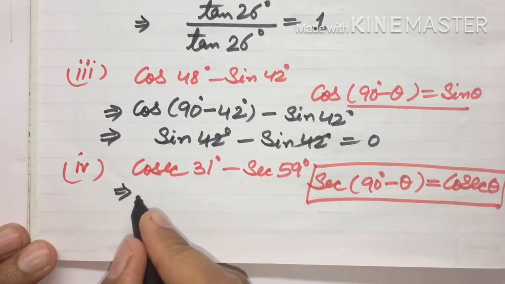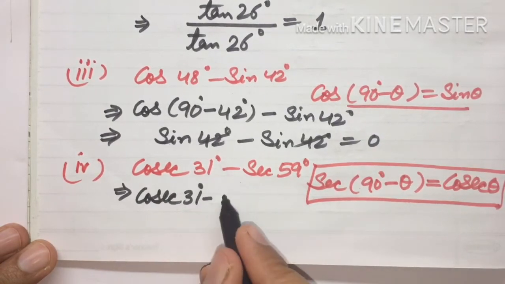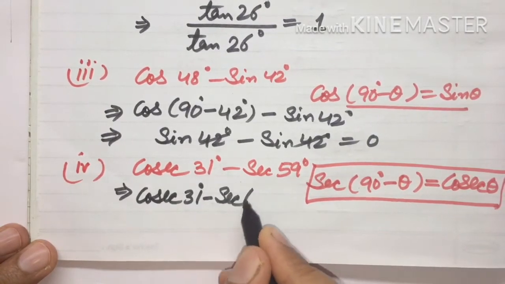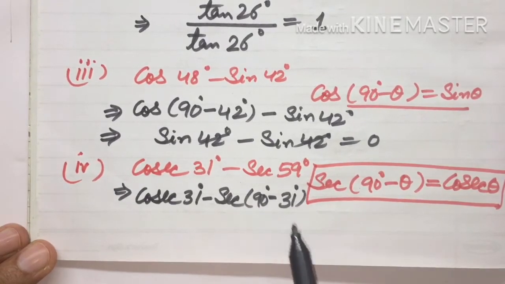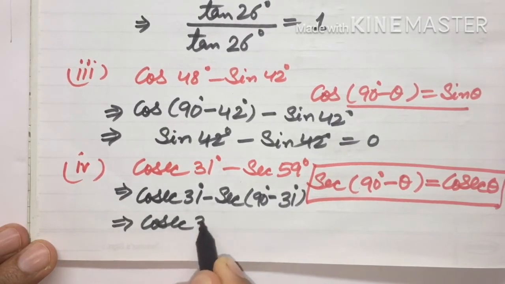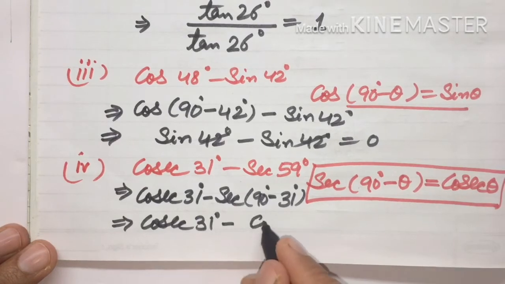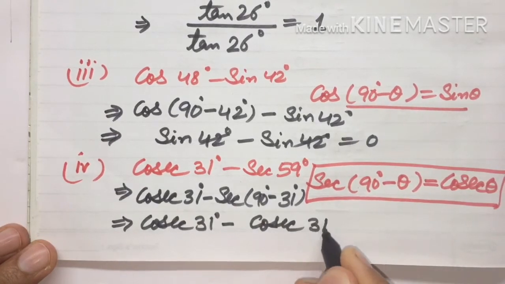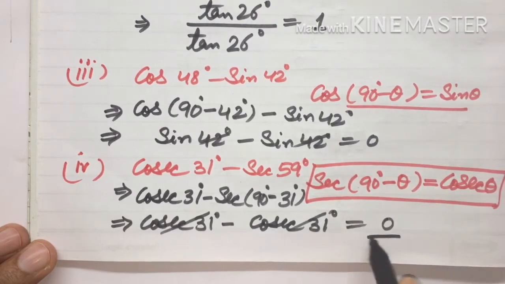So it will be cosec 31 degree minus sec(90 degree minus 31 degree), because when we subtract 31 from 90 degree, we get 59. So it will be cosec 31 degree minus this sec will change into cosec, so cosec theta is 31 degree. So it will cancel and the answer is 0.